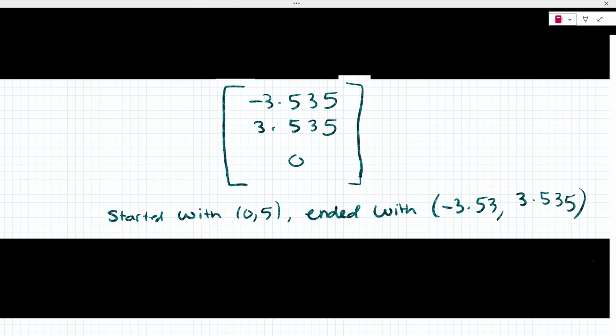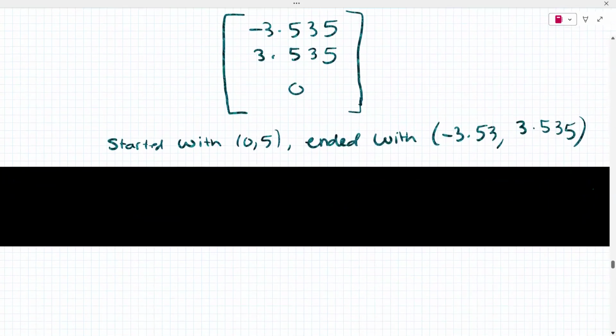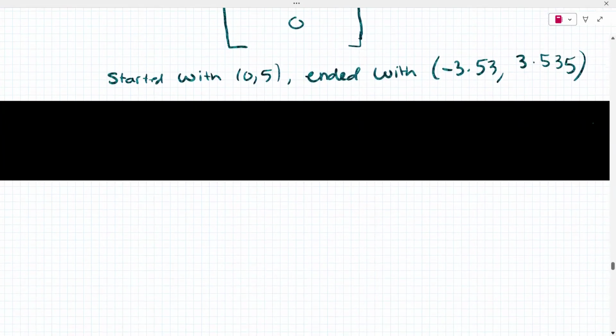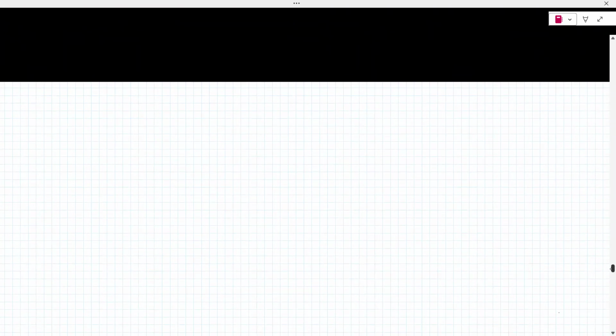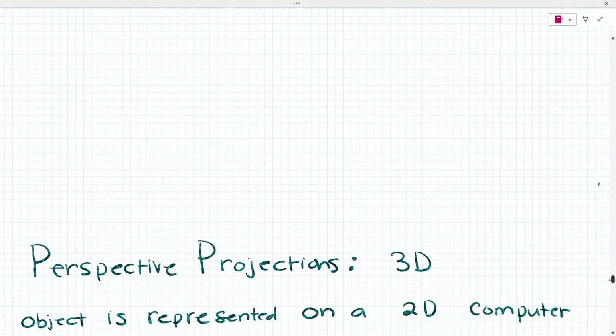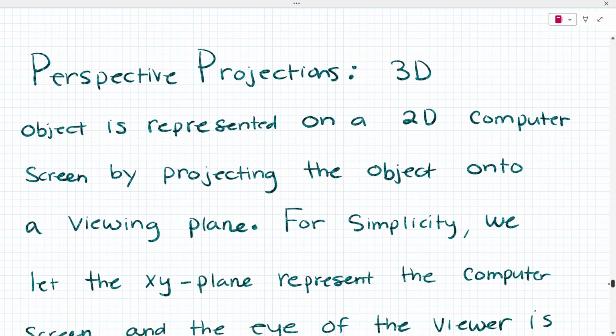Now I'm going to end the video with something called the perspective projection. So yeah, let me go over that. So one more thing we have to learn. So yeah, perspective projection, 3D object. So a perspective projection is where a 3D object is represented on a 2D computer screen by projecting the object onto a viewing plane.